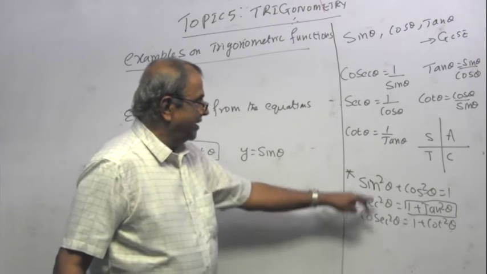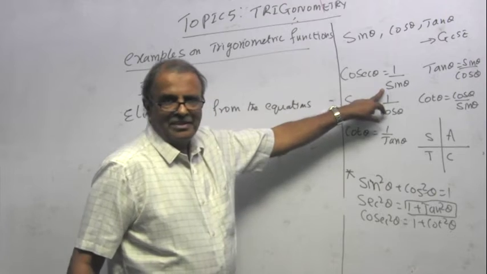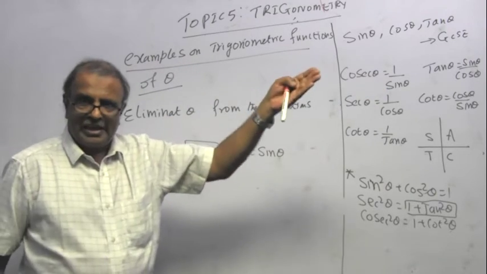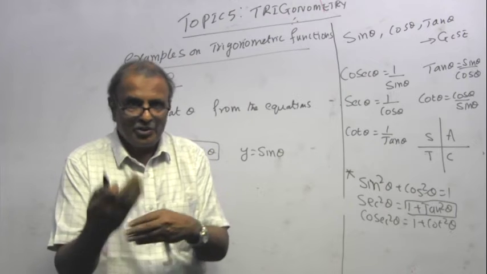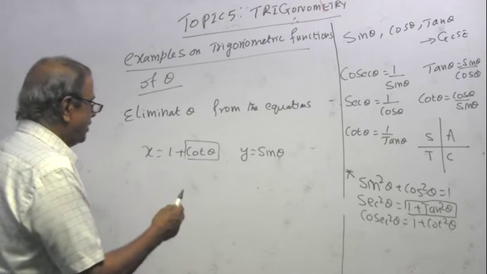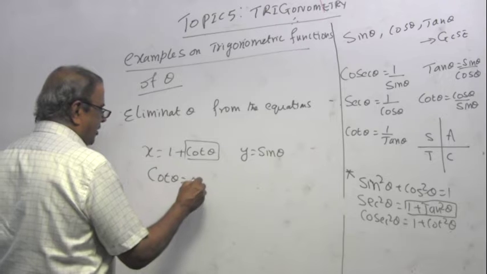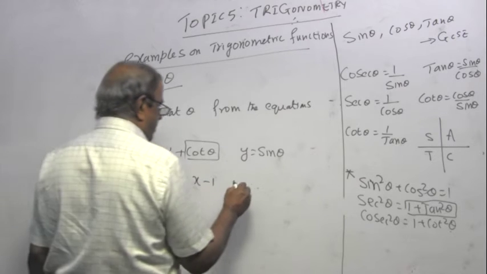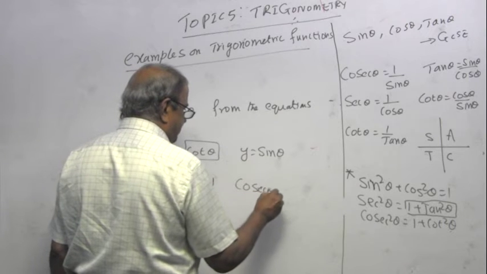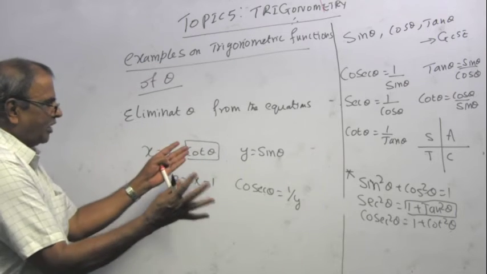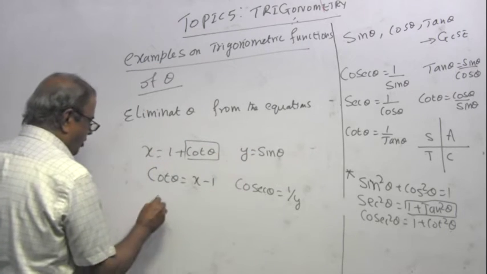Cosec squared is related to sine. So therefore, I can connect cot and cosec using sine. You get the logic? So therefore, what is cot theta? Is x minus 1. What is cosec theta? Is 1 over y.